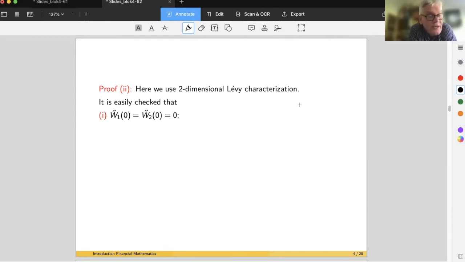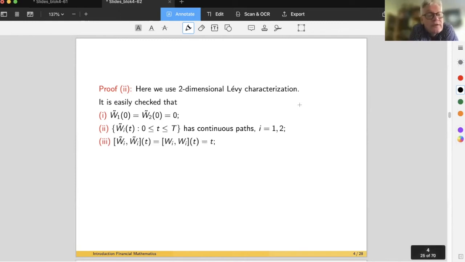The cross variation should be equal to 0 in the two-dimensional case. And we should show that it's a martingale. Now, the continuous paths are just standard. W tilde_i(t) for all time has continuous paths, for i is 1 and i is 2. No reason to not assume that the individual components have continuous paths.